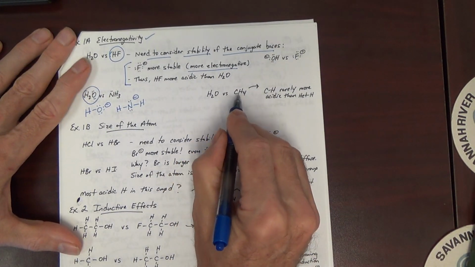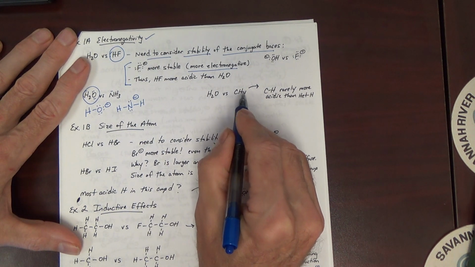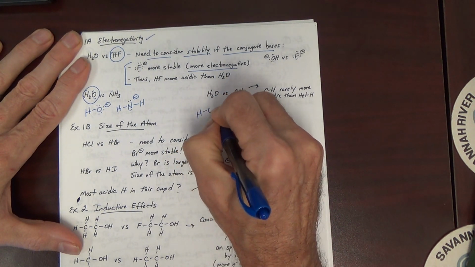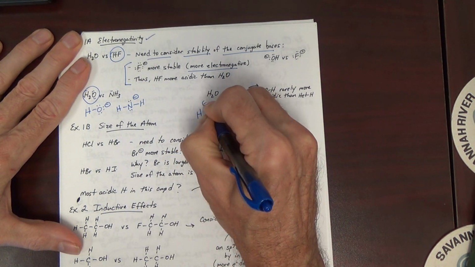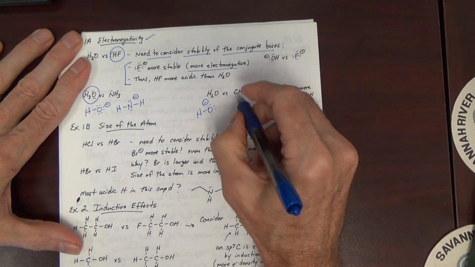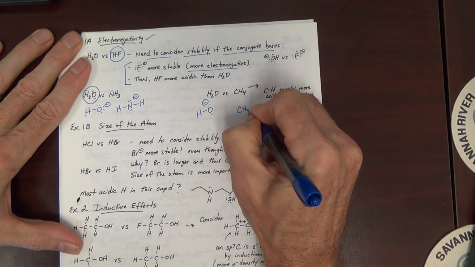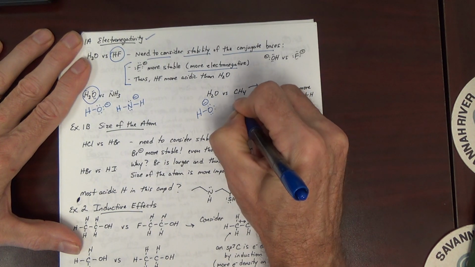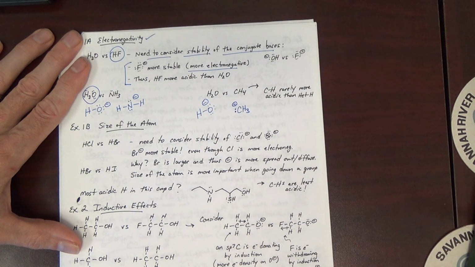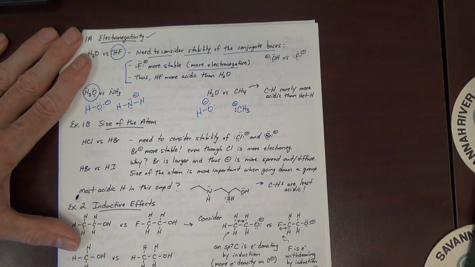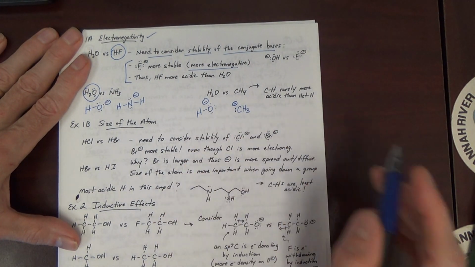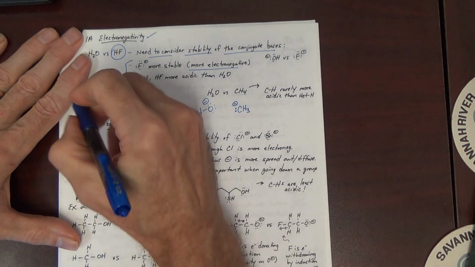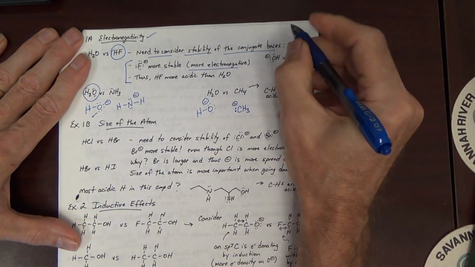What about H2O versus methane? Of course, again, conjugate base of water is hydroxide. Conjugate base of methane is CH3 minus. And which is more stable? Over here, that was more stable.